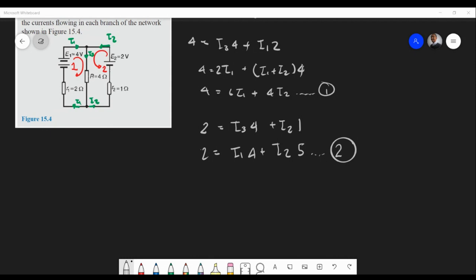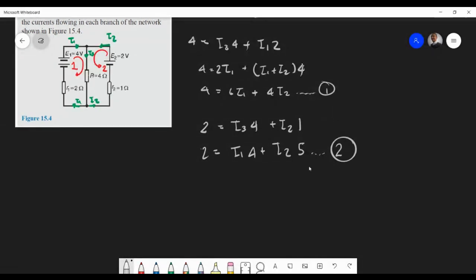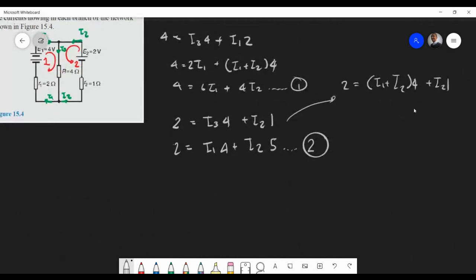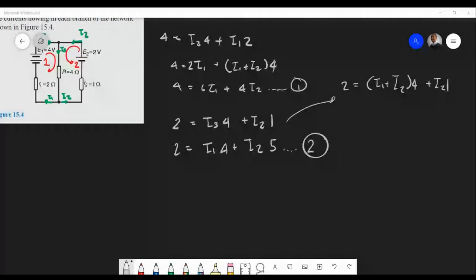Hello? Where does the 5 come from? Remember, we're adding here. I didn't do this in steps, so I had a feeling people are going to miss this. So 2 equals, remember, I3 is I1 plus I2 times 4 plus I2 times 1. You see there? So of course, if you add that guy and that guy, you get 5. You see it now?